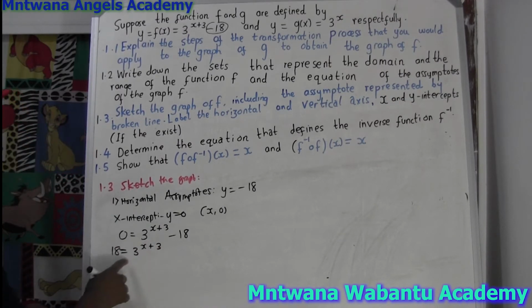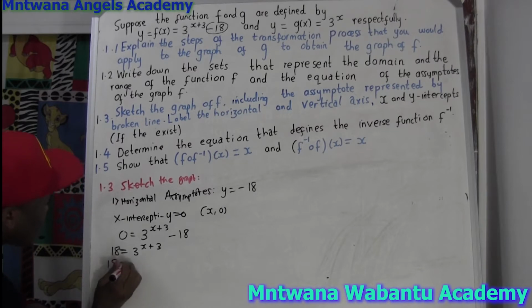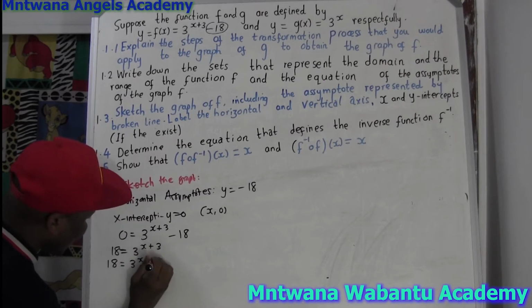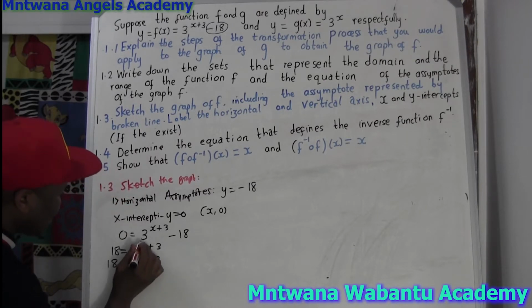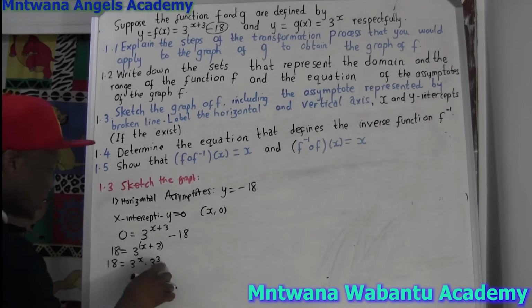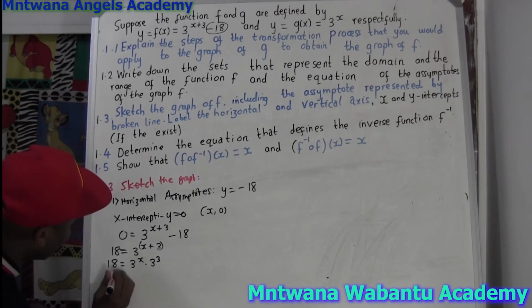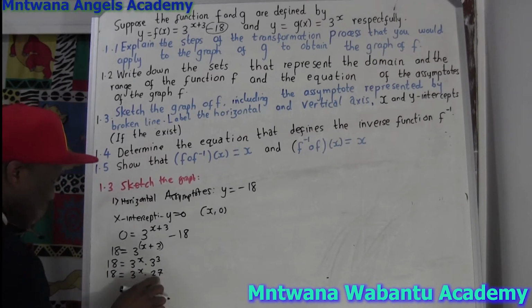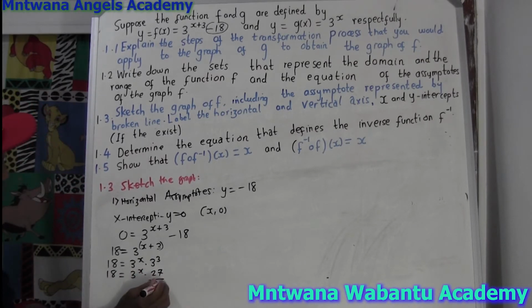Mathematically I can split this to say 18 equals 3^x times 3^3, from the law of exponents. So 3^3 is 27, so 18 equals 3^x times 27. Divide both sides by 27, so the 27s cancel.